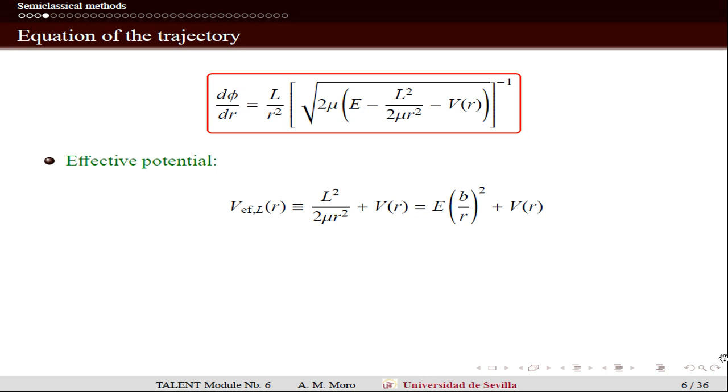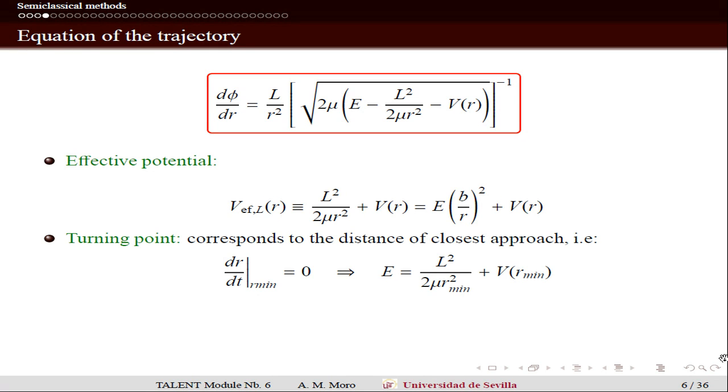You can also define an effective potential that is obtained by adding the centrifugal term to the normal potential, which can be more easily written in terms of the impact parameter. This provides us with the equation of motion. If we are able to solve this analytically in some cases, fine, but in general it has to be done numerically.